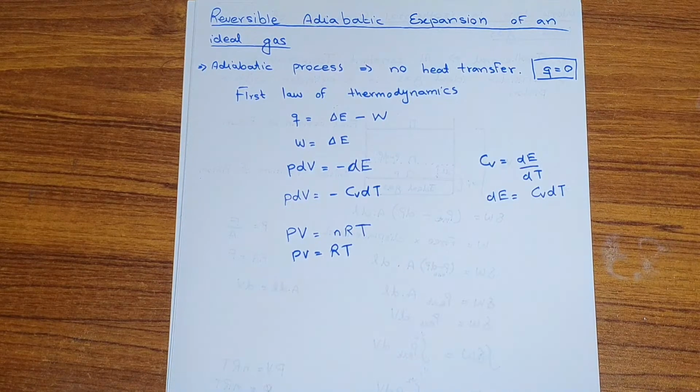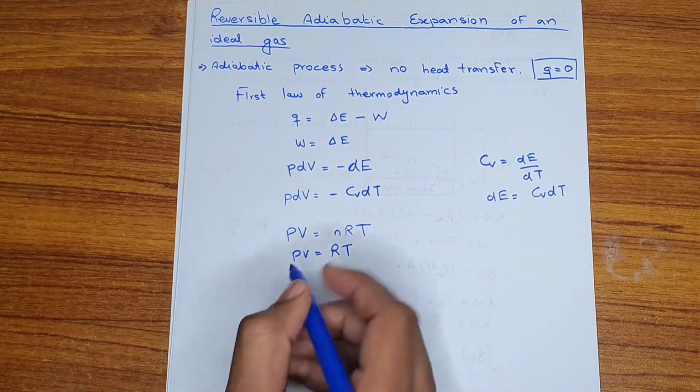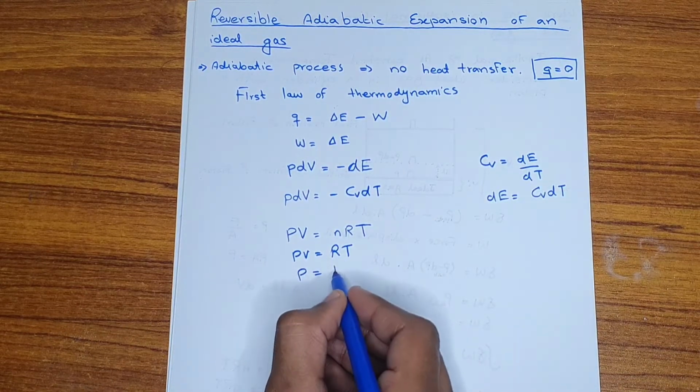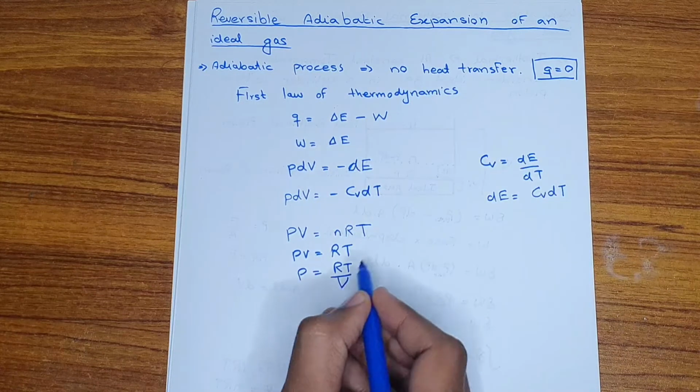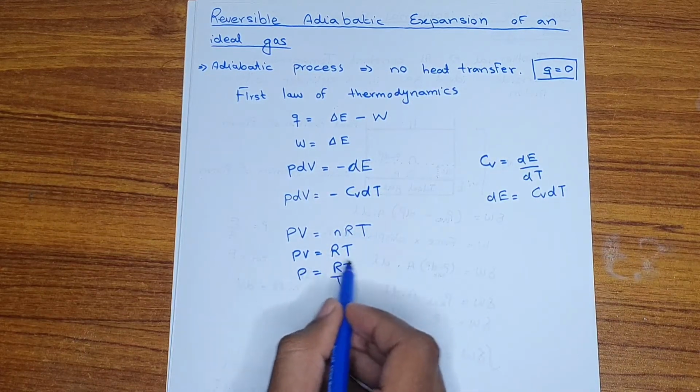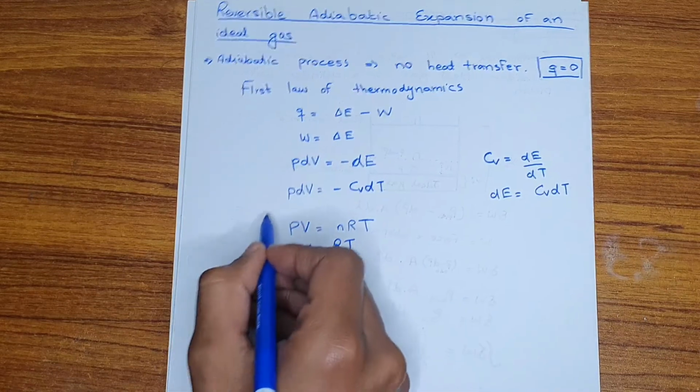Here I just have to plug in the value for pressure, and that is P is equal to RT divided by V. So I have got the value for pressure, which I'm going to plug in here.